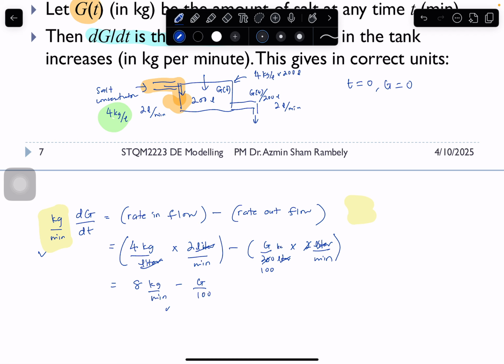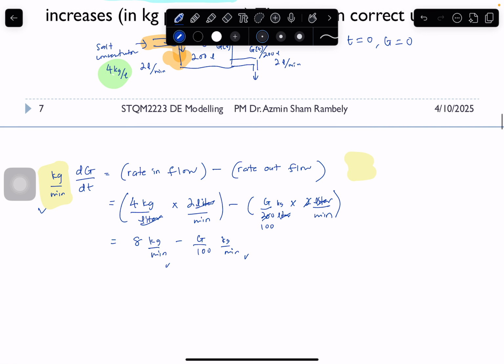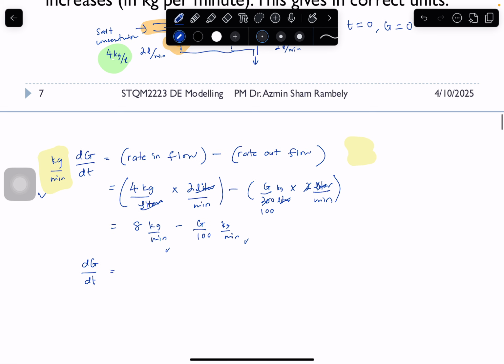This one is kilogram per minute, right? So it is correct. So now we have dG/dt equals 8 minus G over 100. Or change it into standard form, first order.